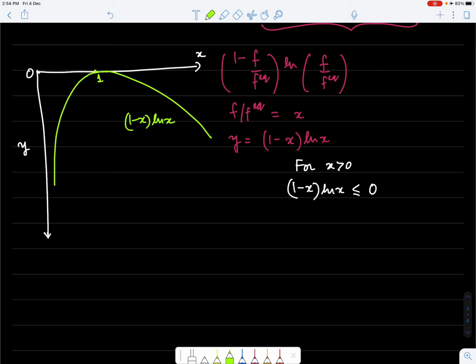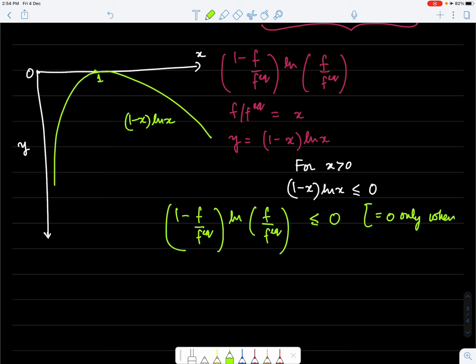So what it means is that 1 minus F by F equilibrium into log of F by F equilibrium is always less than or equal to 0, and it's 0 only when F is equal to F equilibrium.